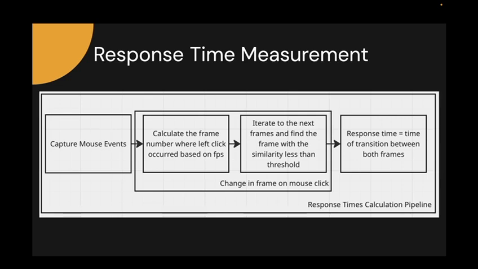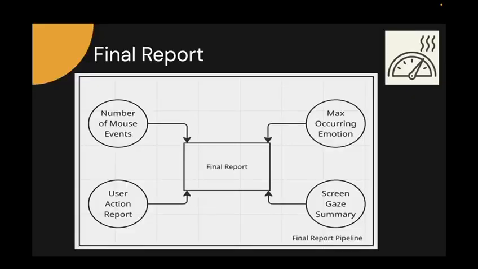This is similar to the action tracking pipeline, where we get the 2 frames and we try to extrapolate the response times from the frames per second. Finally, in the report, we get the number of mouse events, max occurring emotion, user action report, and screen gaze summary to compare against the ground truth recording for insights into improving the intuitiveness of the application.